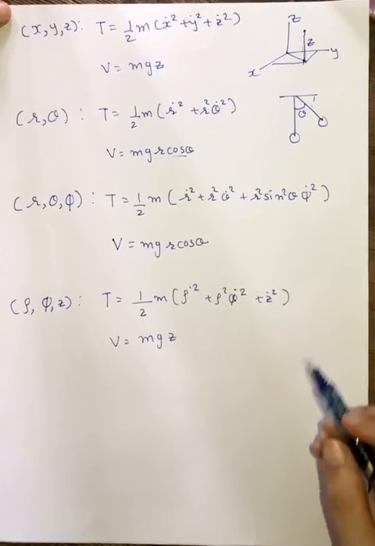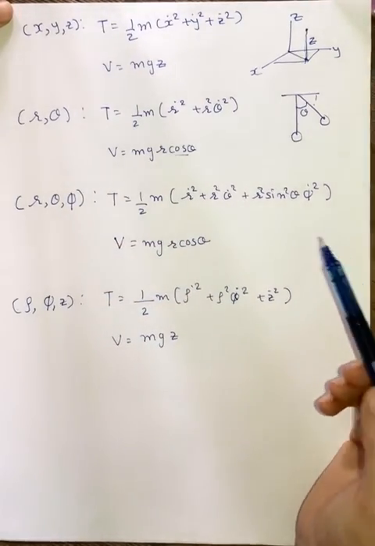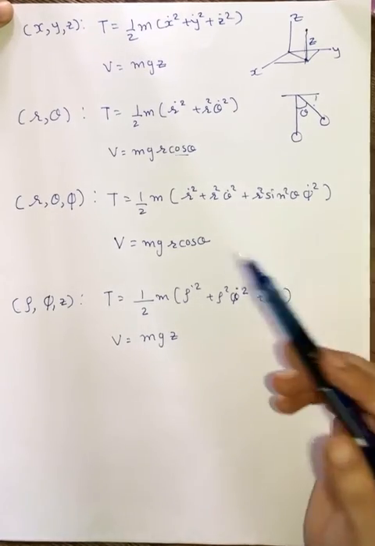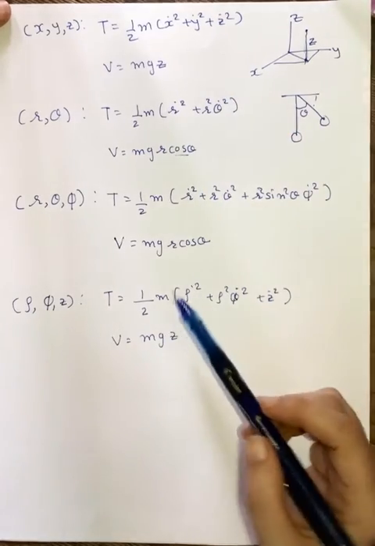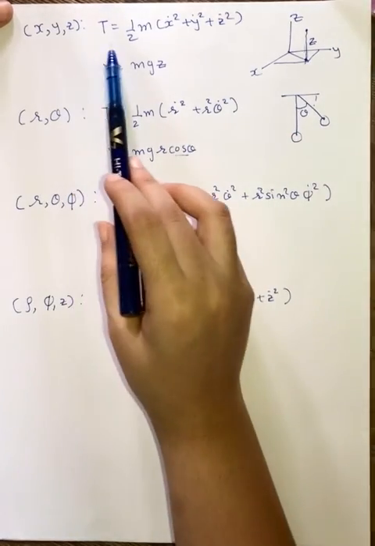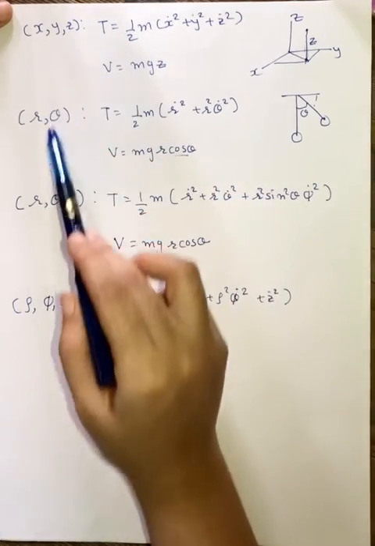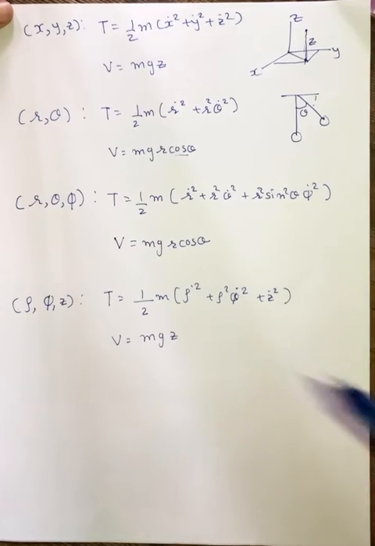You can refer to each coordinate system if you wish, which will help you see how we got this. But even if you don't, it is recommended that you go through them and make these little notes. It will give you the idea of the format of T and V for each coordinate system, and this is what we are going to use again and again for different problems.